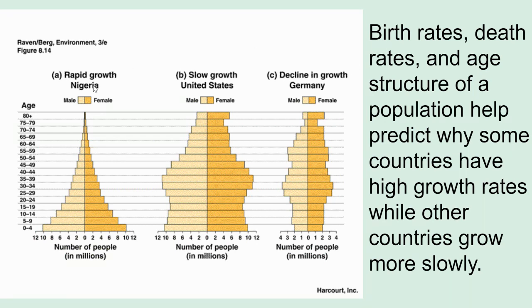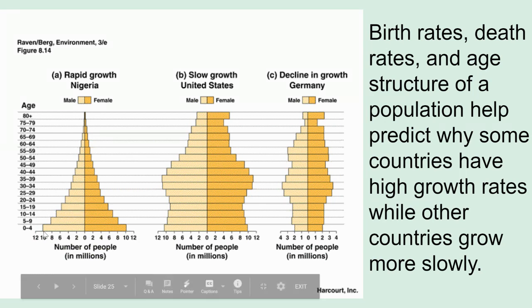So if we look at Nigeria, there's rapid growth in the population. There are every year more and more and more people in Nigeria because there are very few elderly people and many young people, and young people tend to reproduce more. So once people reach this 15 to 19 age group, they might start having babies of their own, which further increases the numbers in the population.